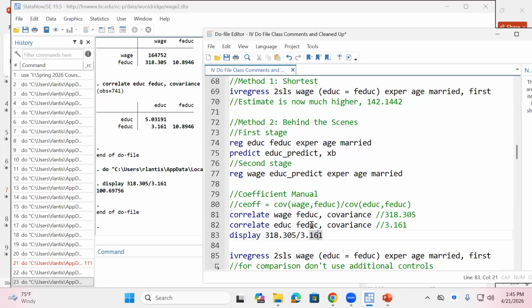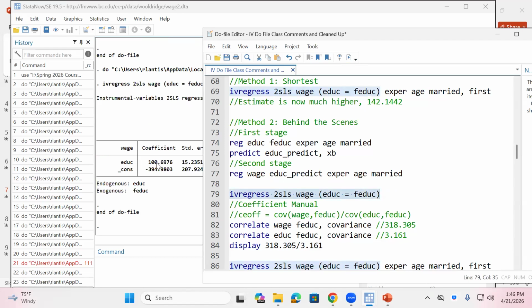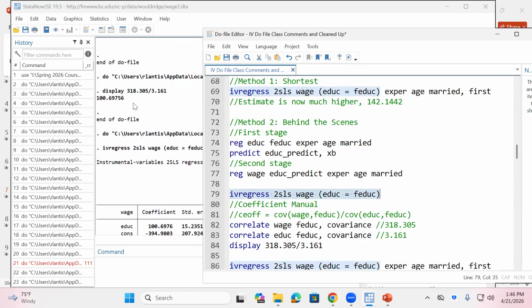Using this method works only if I don't have any additional controls in my first and second stage regressions. So this is great for a very naive approach where I just use one variable and instrument it. Oh, okay. There I am getting the exact same value.